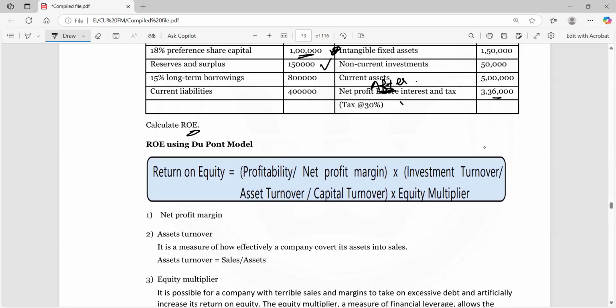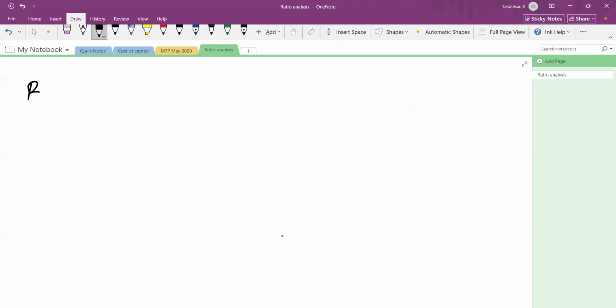Listen now, let's see how to calculate return on equity using the DuPont model. See, generally, what is the formula for return on equity? It is net profit divided by equity, right?